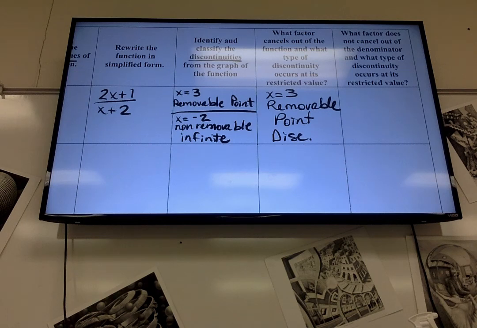Again, just kind of driving it home. And what factor does not cancel out the denominator? And what type of discontinuity occurs at this one? That's the other one. So that's x equals -2, and that's the non-removable, or the asymptote, infinite discontinuity.